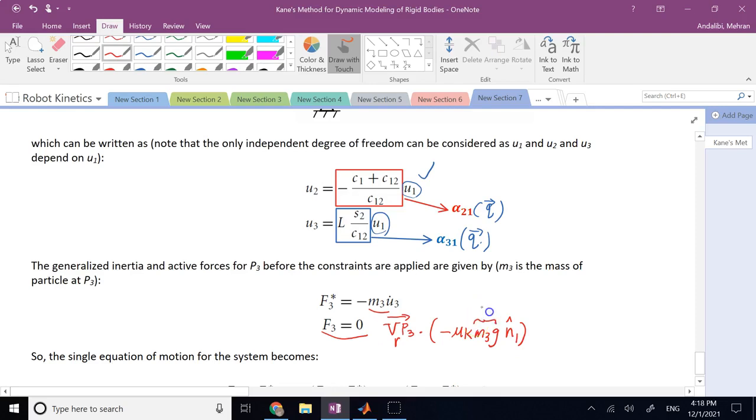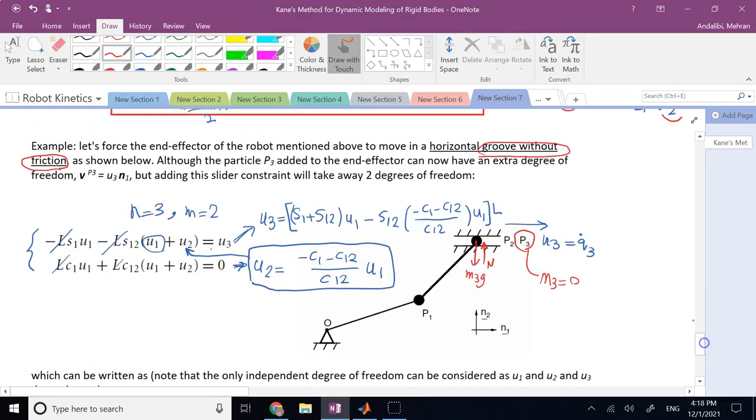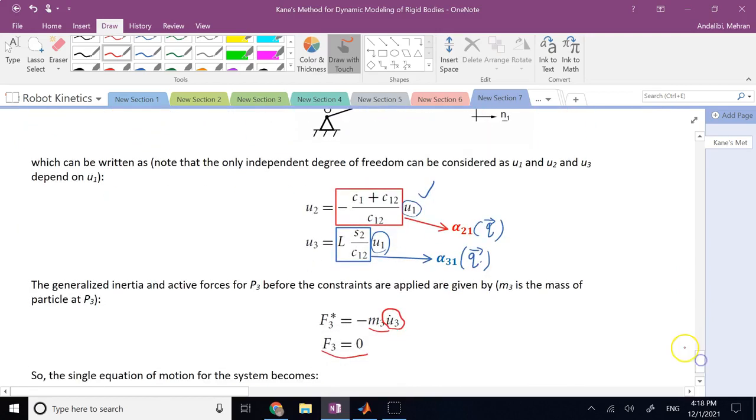But in this case, since there is no friction, F3 is equal to 0. Then your inertial generalized force, as we all know, is equal to negative m times a, and a is u3 double dot, because u3 is velocity, so the acceleration of that block is u3 dot, like q3 double dot. So negative m3 u3 dot is definitely your inertial force.